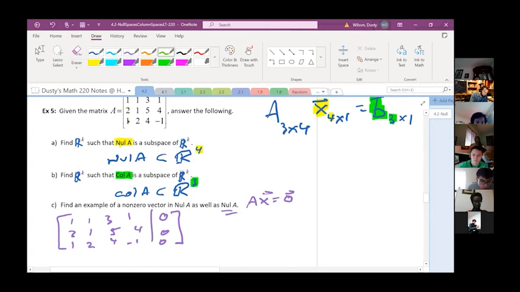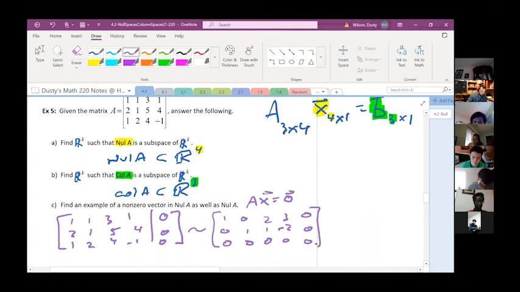Okay. So we can row reduce. And when we row reduce, we end up with 1, 0, 2, 3, 0, 1, 1, negative 2, 0, 0, 0, 0, 0, 0.